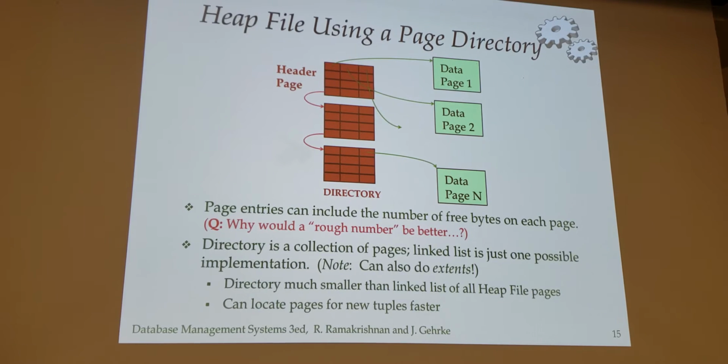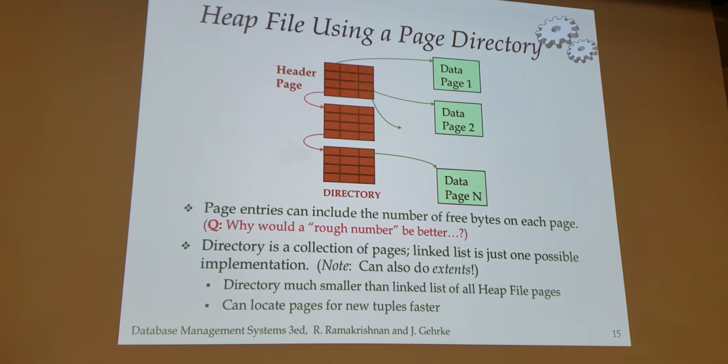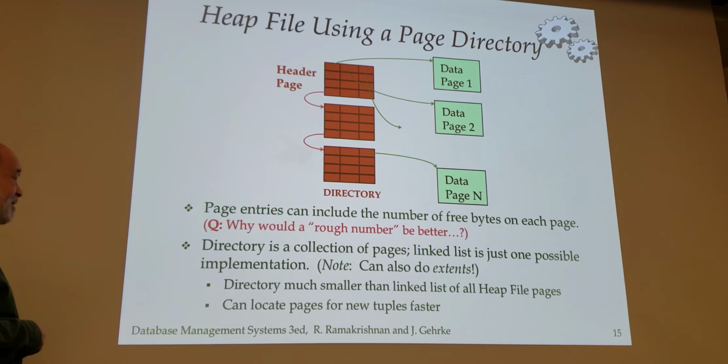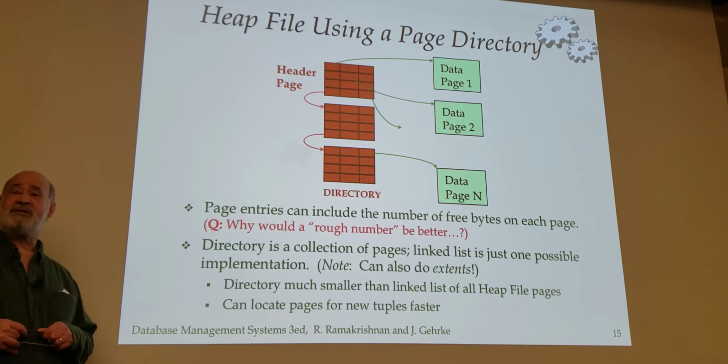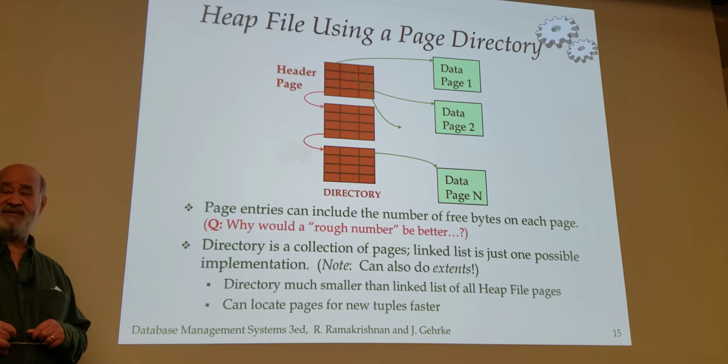Instead of having a linked list, you have a full directory for every page, which allows you to find page K. It's an array, so you can get the information about page K and go to page K. You also might have the information of how much free space you have on the page.